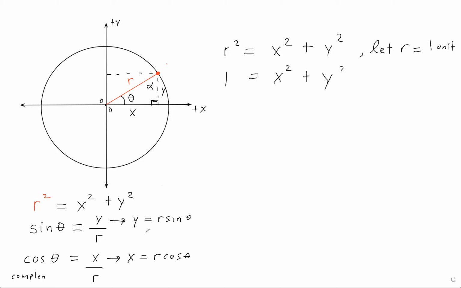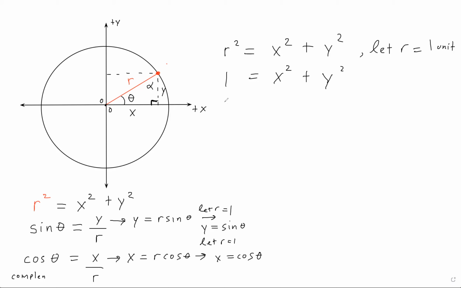Now we've already solved for x and y, and we've already set r equal to 1. So if we let r equal 1 here, it's just going to be y equals sine theta. And same thing, we let r equal 1 here, we're going to get x just equals cosine of theta.